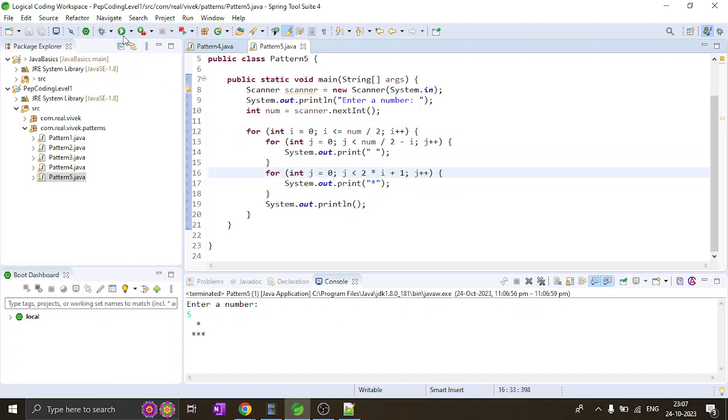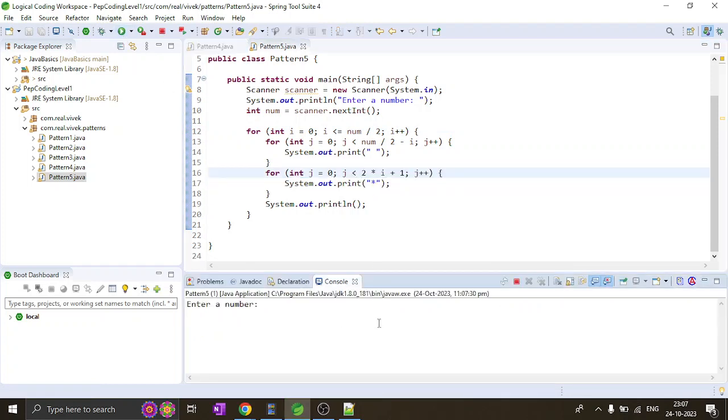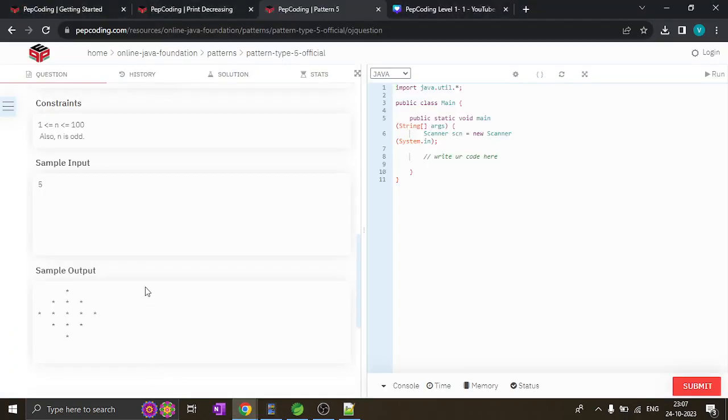So let's try by giving input 5 and we get the first pyramid, right? And now we have to print the second one. Let me have this printed for some bigger values, right?